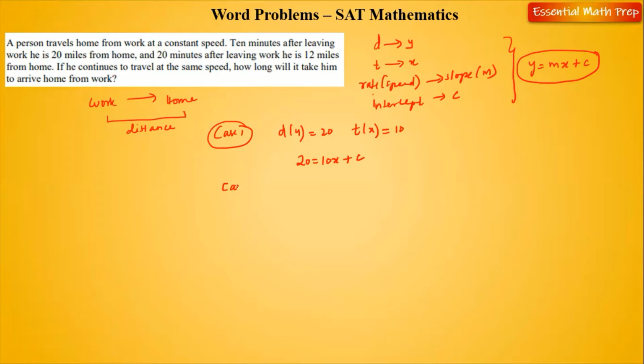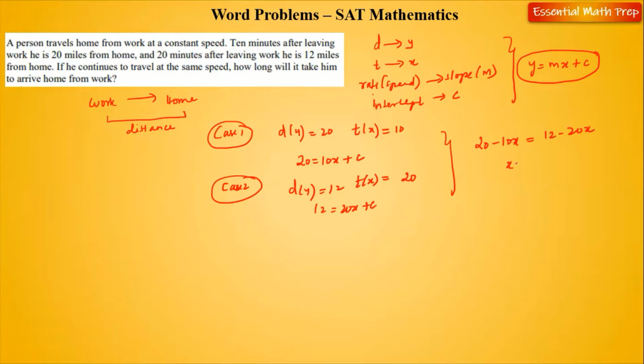For case two, your distance is 12 miles, and your time, the x term, is 20 minutes. So that means 12 equals 20x plus c. Because the entire distance doesn't change, the intercept should be the same. Then we have the liberty to do this equating. That means 20 minus 10x equals 12 minus 20x. If you solve for x, it will be negative 4/5.